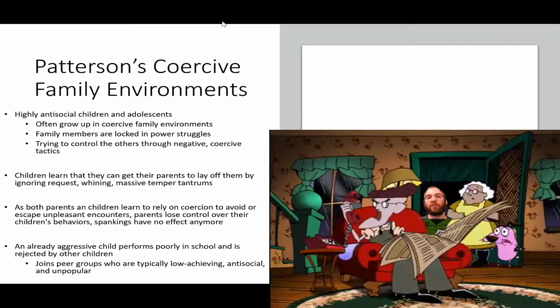And who will they form peer groups with? Other children who are also rejected and are antisocial. And then now you have a deviant peer group, who are going to feed off each other and contribute to higher probabilities of deviant behavior. Thus, finally creating a juvenile delinquent is the theory here.